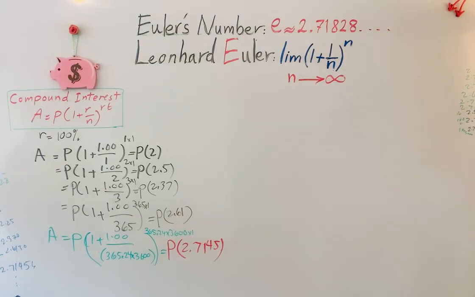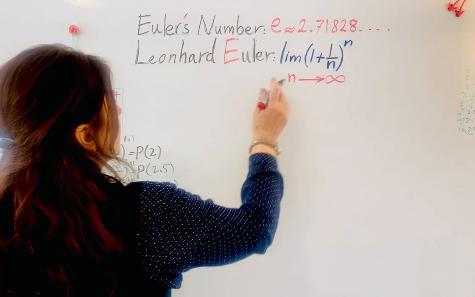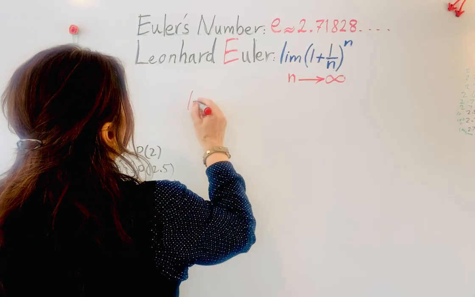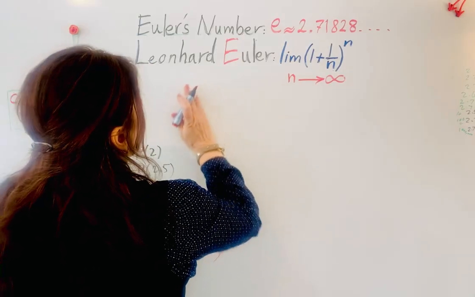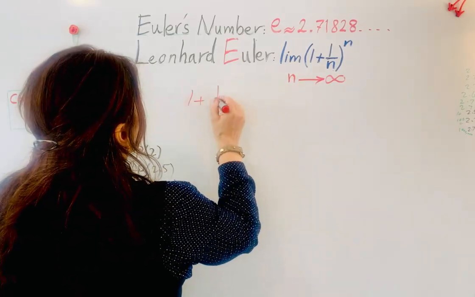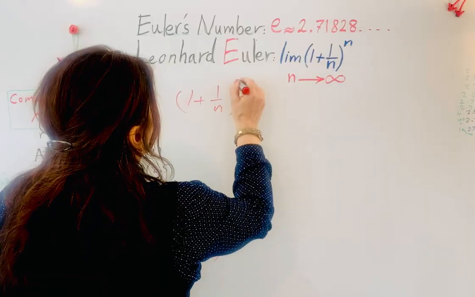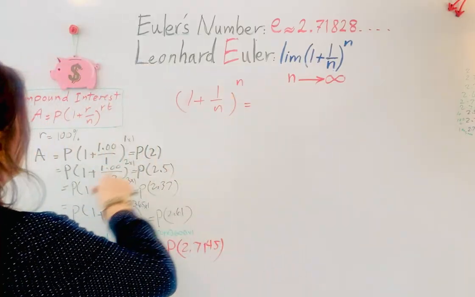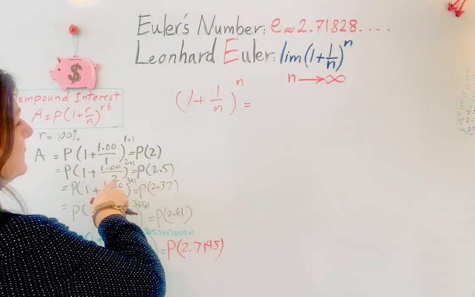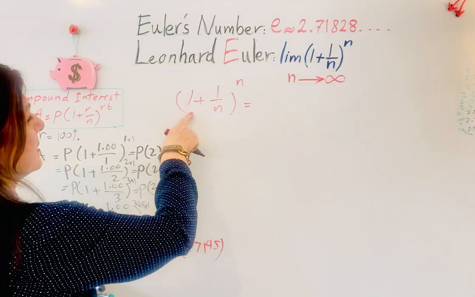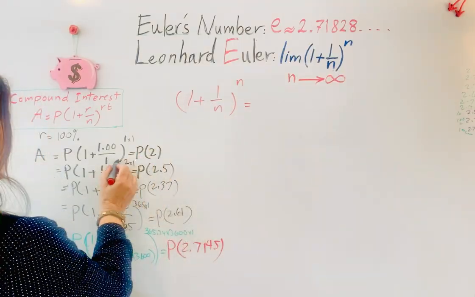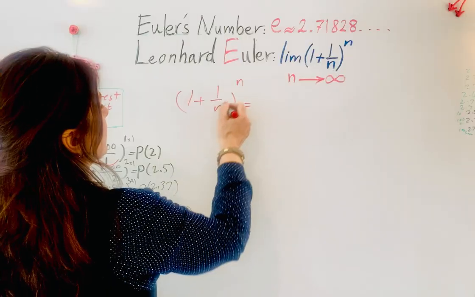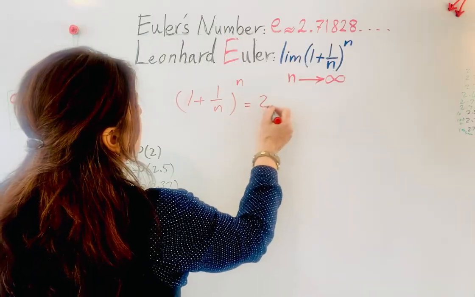Why? He said, okay, if you take the limit of this number, 1 plus 1 over n, when n is 1, we calculated this one. This is the base. It gives 2.